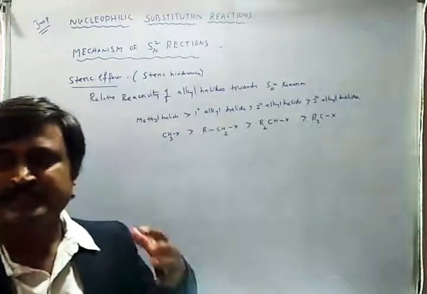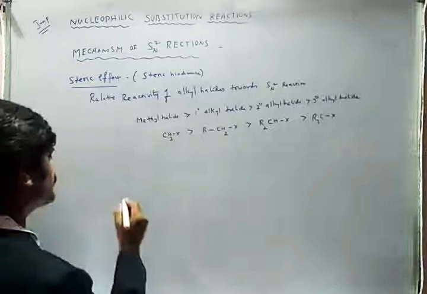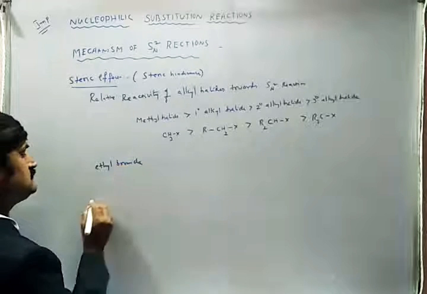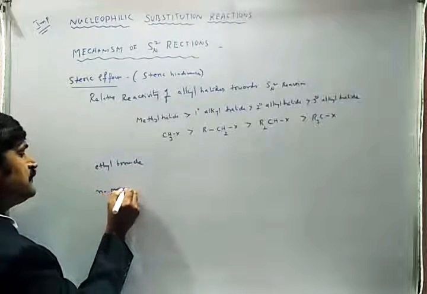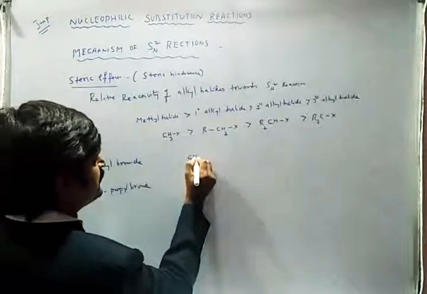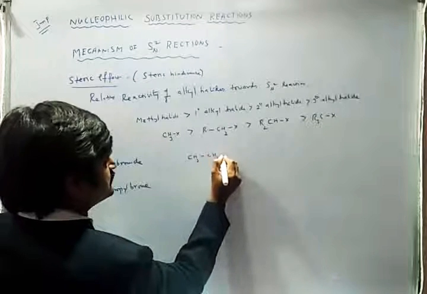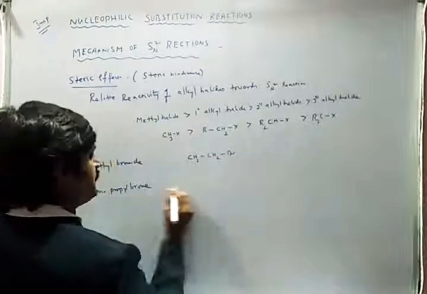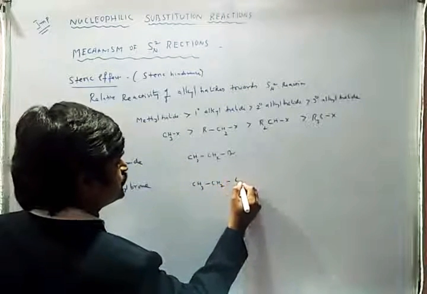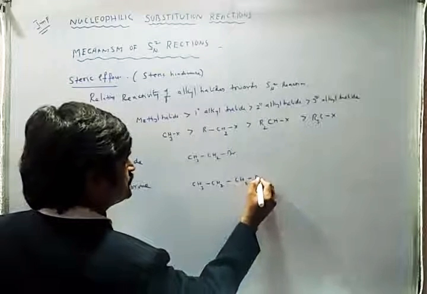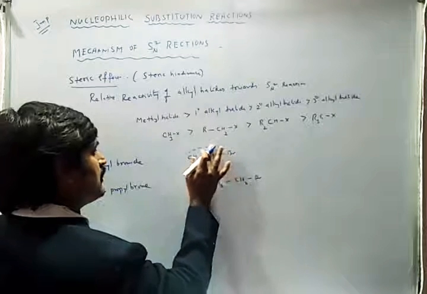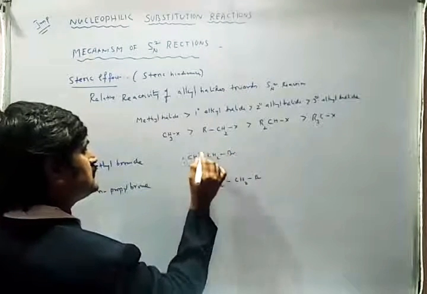For example, take ethyl bromide, CH3CH2Br, and n-propyl bromide, CH3CH2CH2Br.